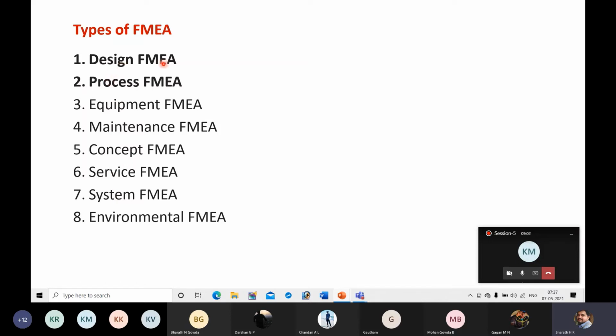If you consider design FMEA, it may include concept FMEA and environmental FMEA. If you consider process FMEA, it may include equipment. Like that, they will overlap. If you consider system FMEA, it is a combination of design and process. So for that reason, we can broadly classify types of FMEA into only two. But if you want to go into detail, you can consider all these 8 types of FMEA.